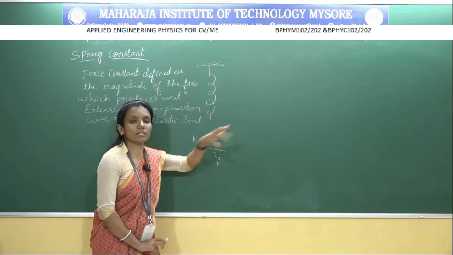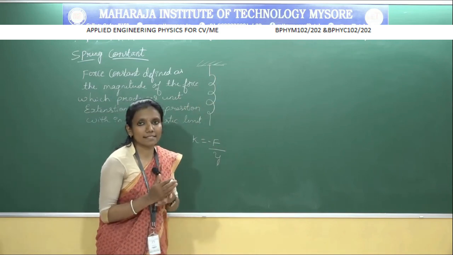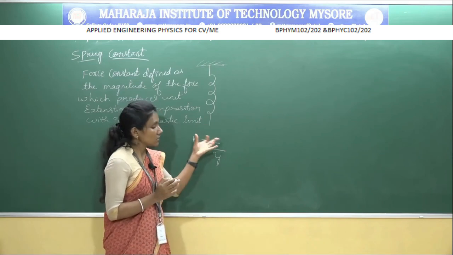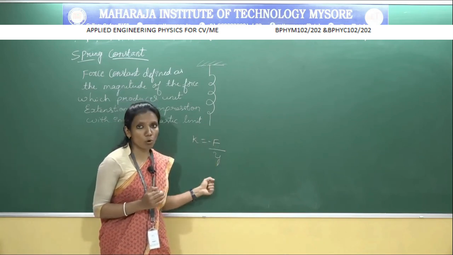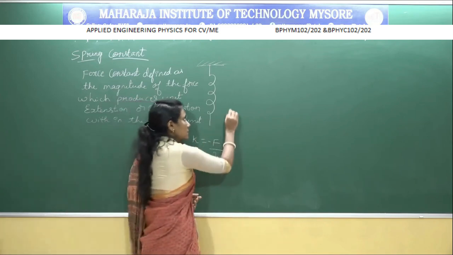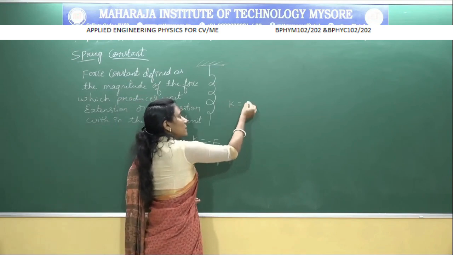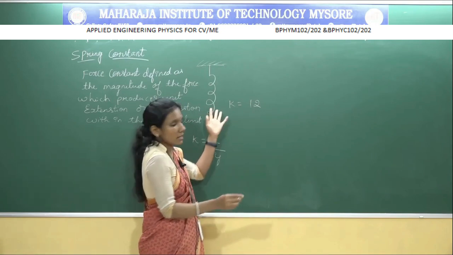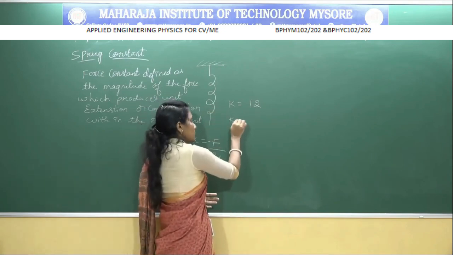Every spring has its own properties, that is, its elastic limit. If the spring constant value is larger, the spring will be stiffer. Suppose the spring constant is 12, then that spring is stiffer.